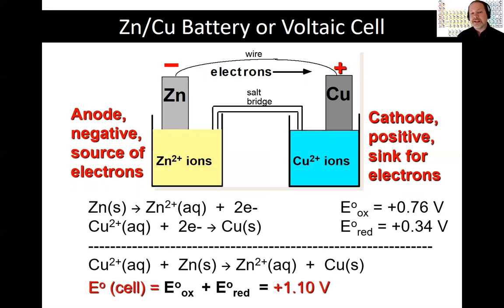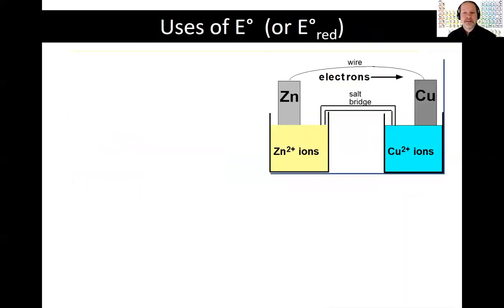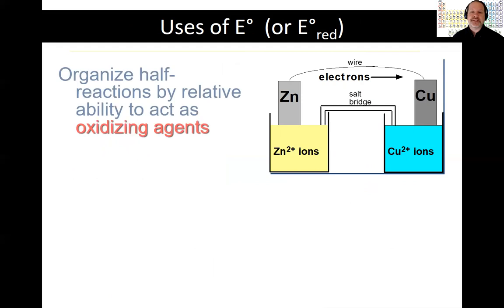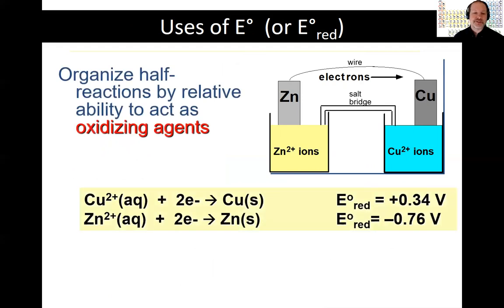So we need an oxidation and a reduction half reaction in order to partner to come up with this. So a convenient way, or maybe not so much to general chemistry students, is to actually organize all of these half reaction voltages into a table that is listed by the reduction potentials.